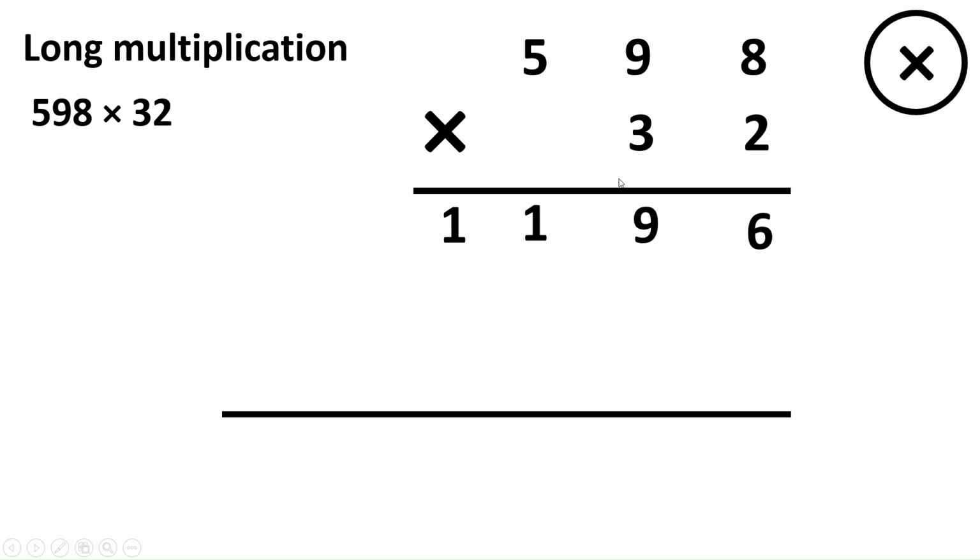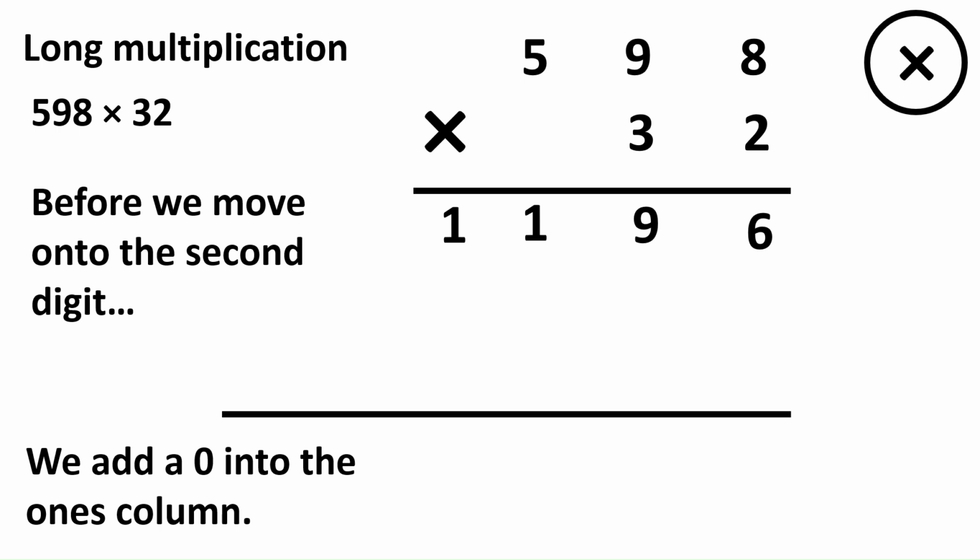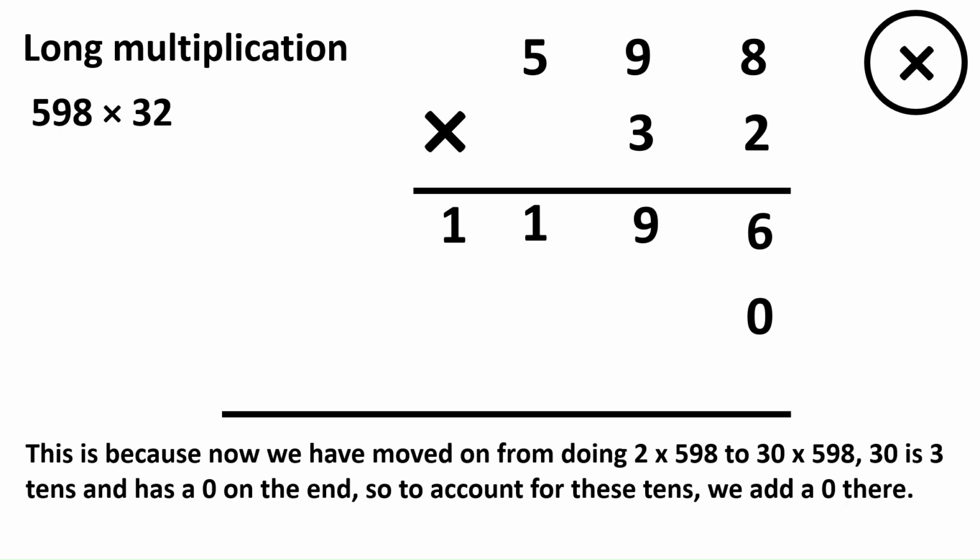But before we continue, there's one thing that we need to account for. We need to add a 0 into the ones column. Let me show you why. Because now we've moved on to doing 30 multiplied by 598. Well, 30 is actually 3 tens.